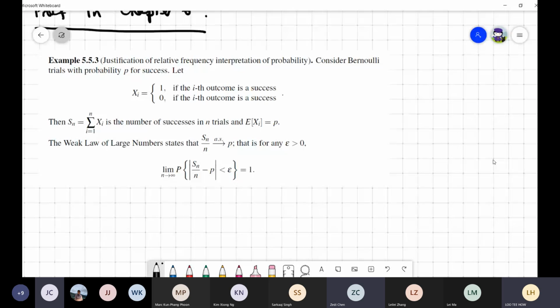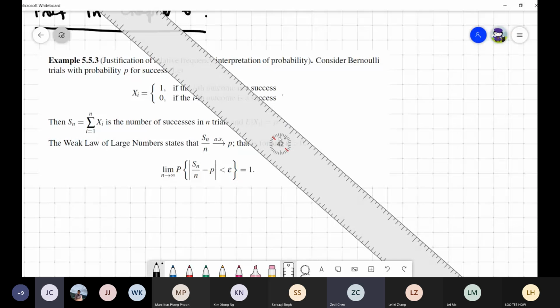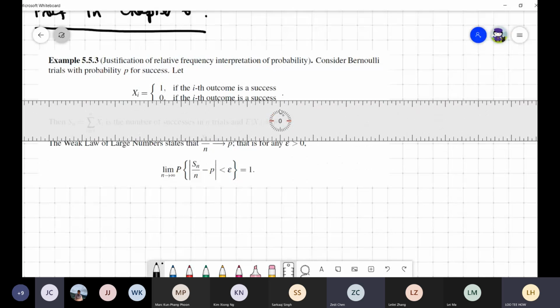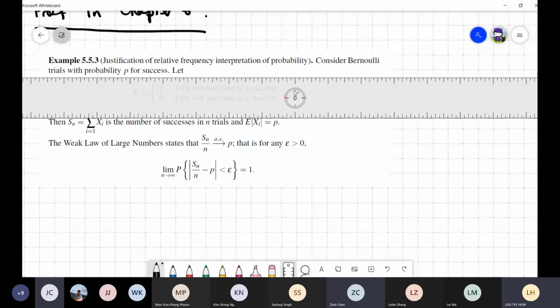I think this example, or this formula, has been applied in undergraduate courses quite often. So now we look at how to get this. Let's look at these examples. First of all, we consider independent Bernoulli trials with probability of success p.